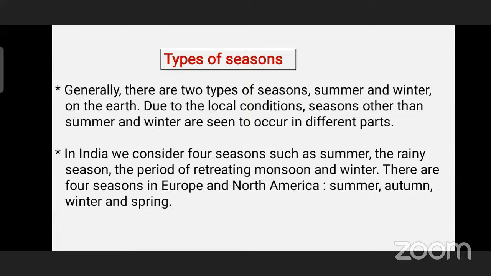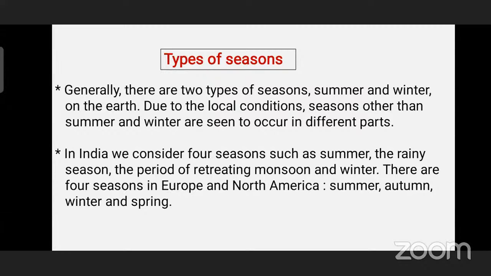So here you can see in so many countries there is only summer and winter. But depending on the climate of the region, the seasons change. For example, in India there is winter season, summer season, rainy season. So it depends on the local conditions, how the climate is there.